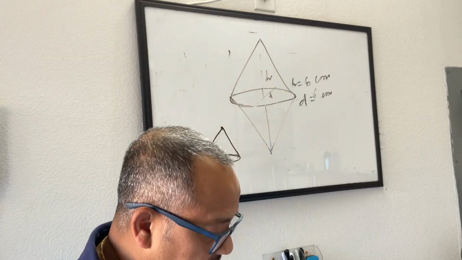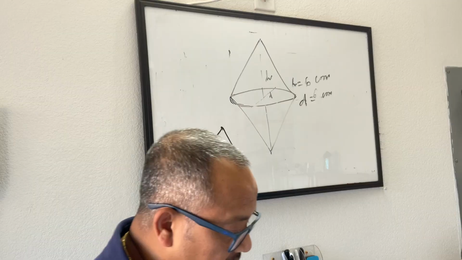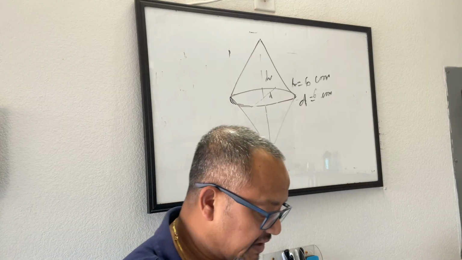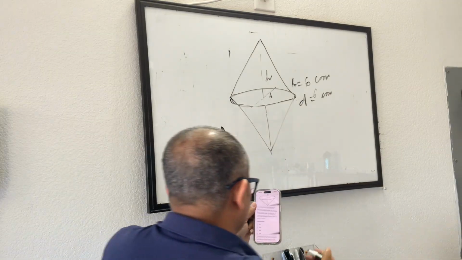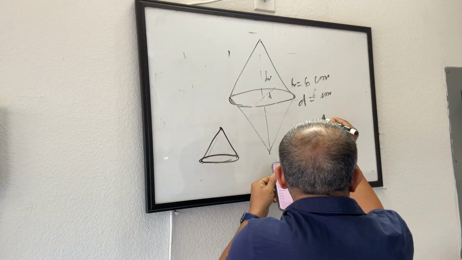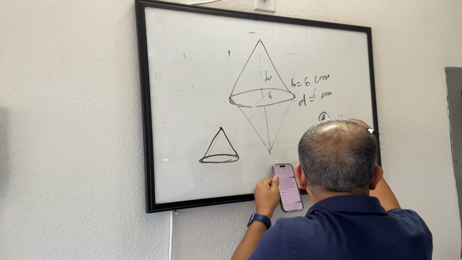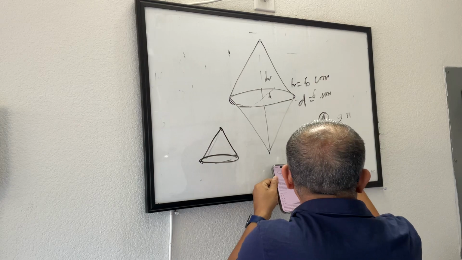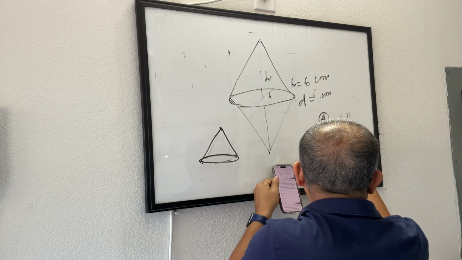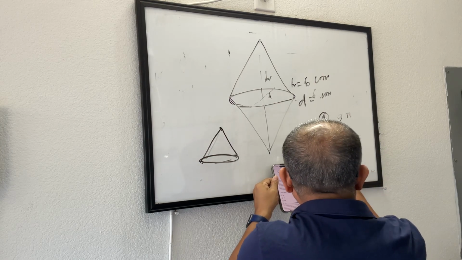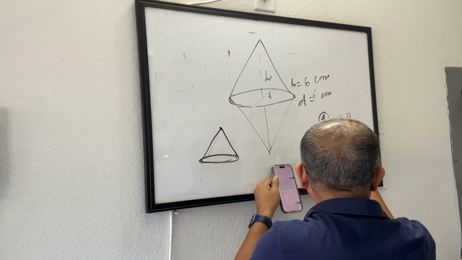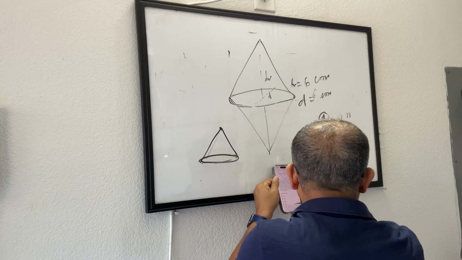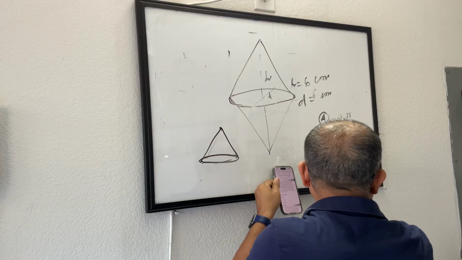We have been asked to find the volume of the entire object in cubic centimeters. And let me make your life a little easier. These are the options given: 9 pi, 18 pi, the third option is 36 pi, and the fourth option is 72 pi.